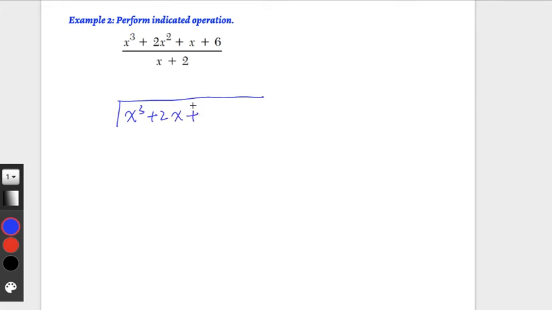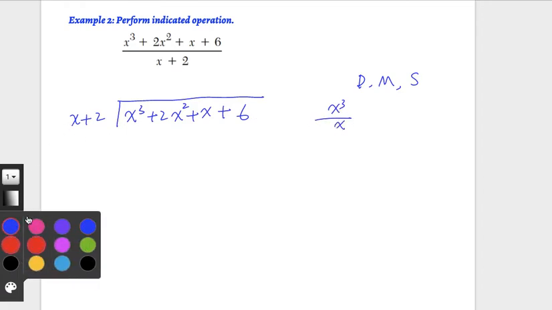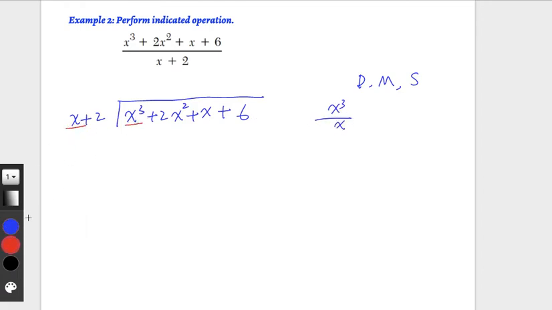And remember what we did before: divide, multiply, subtract. Divide x to the third power divided by x. Remember, you always use the first term to figure out the answer, which is x squared. So I put an x squared here. And then I multiply x squared times x squared, x squared times 2, 2x squared, and then subtract.